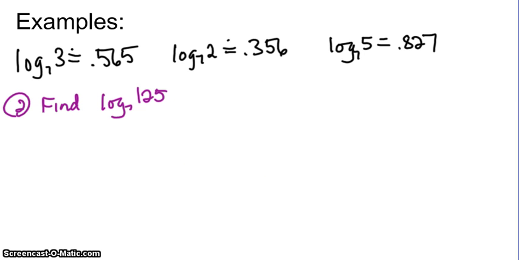Here's another example. Same 3 logs were given to me, and now I need to figure out how I can write 125 by using only 3's, 2's, and 5's.